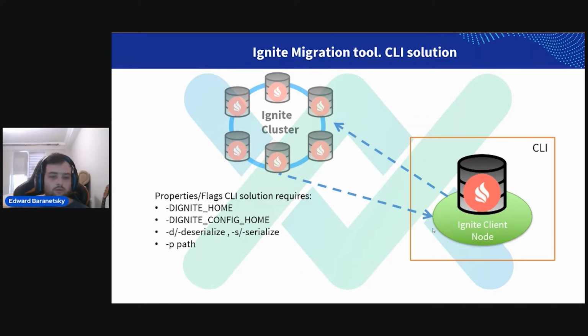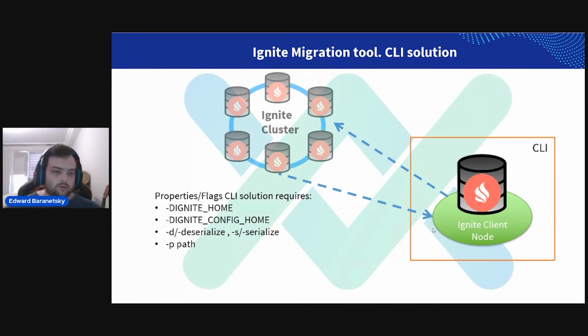The first one is Ignite Home, which is for the Ignite client node. Ignite config home is our custom property, which points to the folder where client.xml is located. We need that client.xml to configure the Ignite client node to connect to the Ignite cluster.